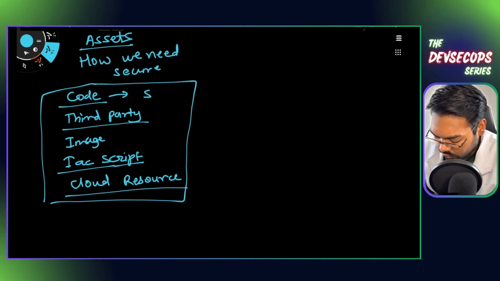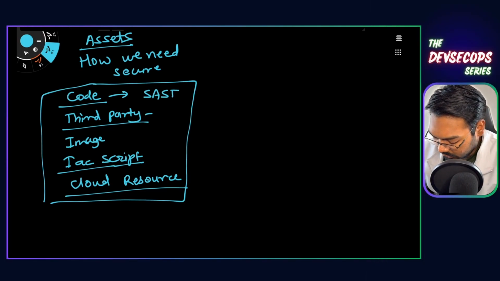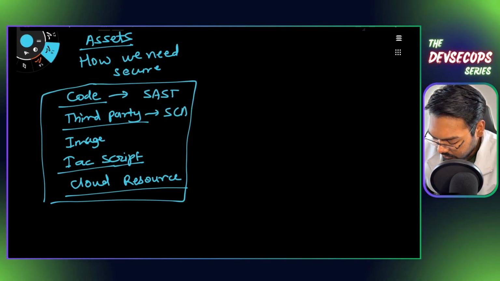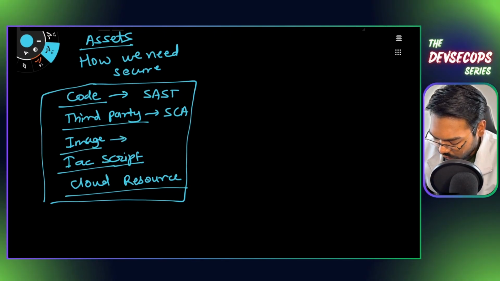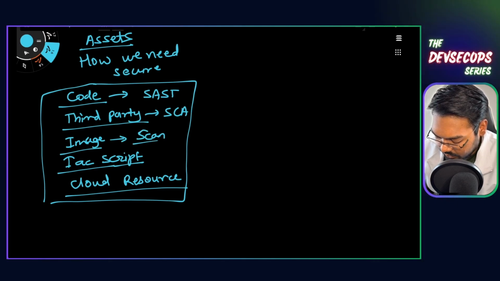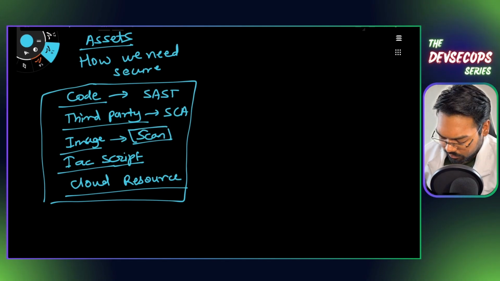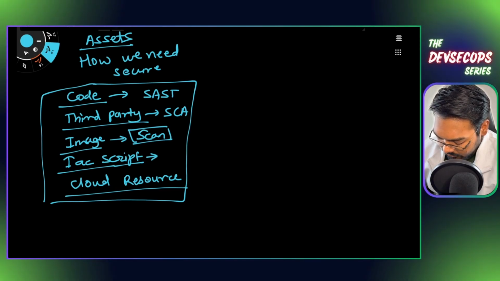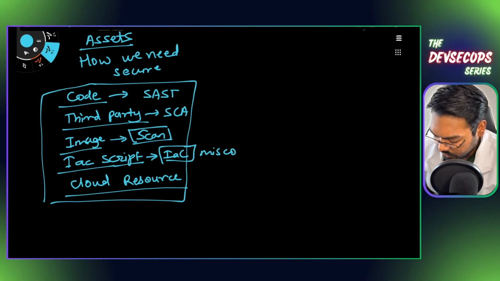For code, we usually go with static application security testing. For third party libraries, we go with SCA, software composition analysis. For images, we go for image scans, for Docker images or any other kind of images you might be using. Then for IaC scripts, we go for IaC security and misconfiguration checkers.